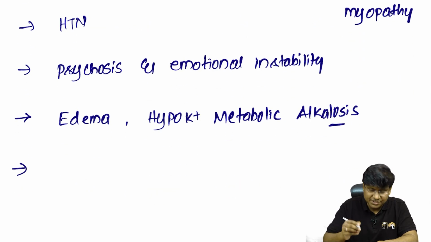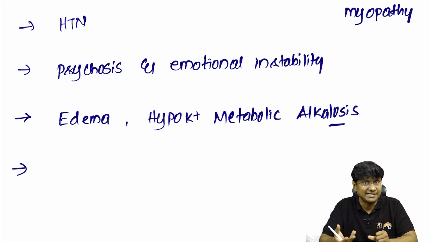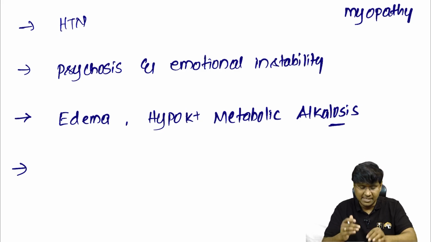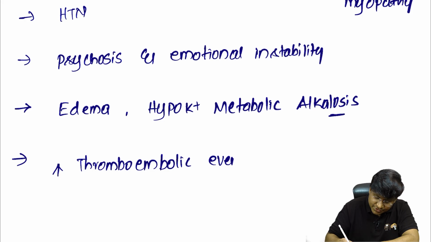So these will be the features in case of ectopic ACTH producing steroids, where there is excessive activation of ENaC. And these patients with Cushing's are also at increased risk of thromboembolic events, okay?